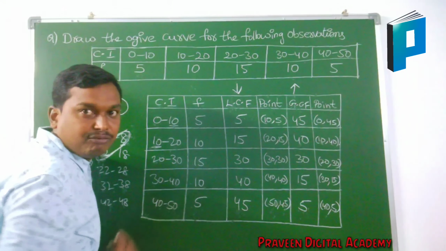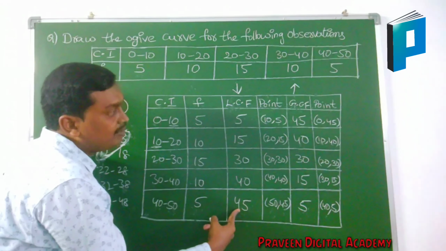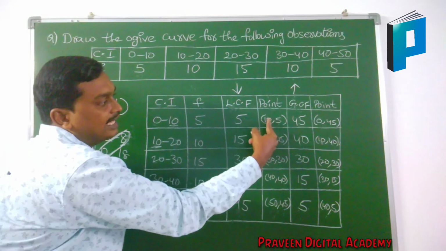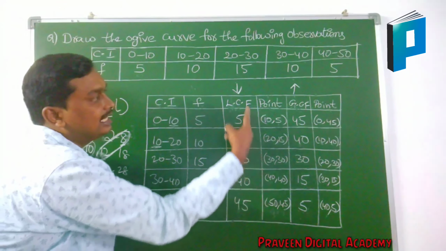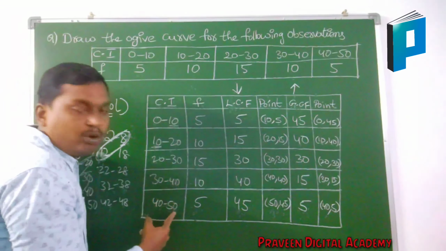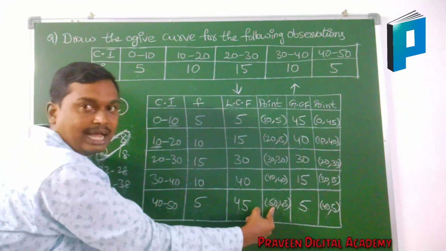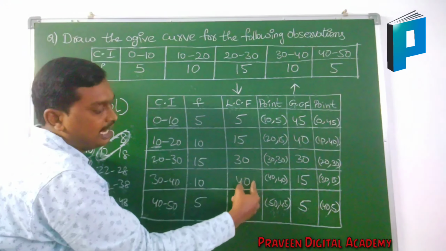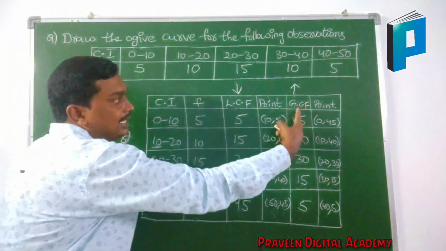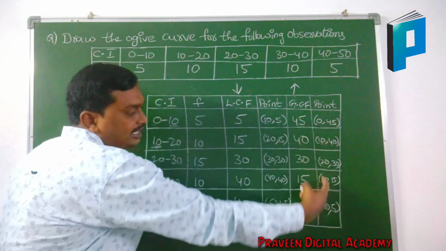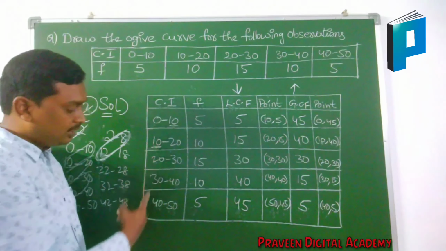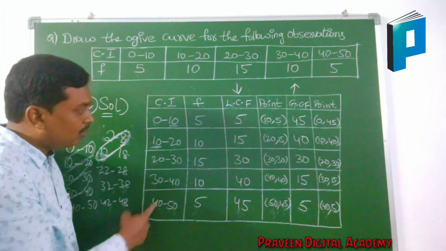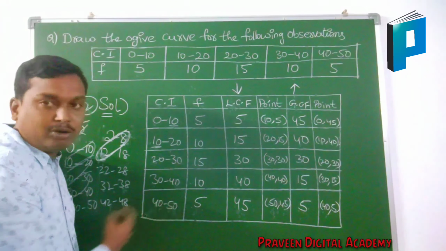Here, the LCF points: the upper boundaries are the x coordinates and the y coordinates are the LCF points. In the GCF, the x coordinates are lower boundaries; these are called the lower boundaries and these the upper boundaries.